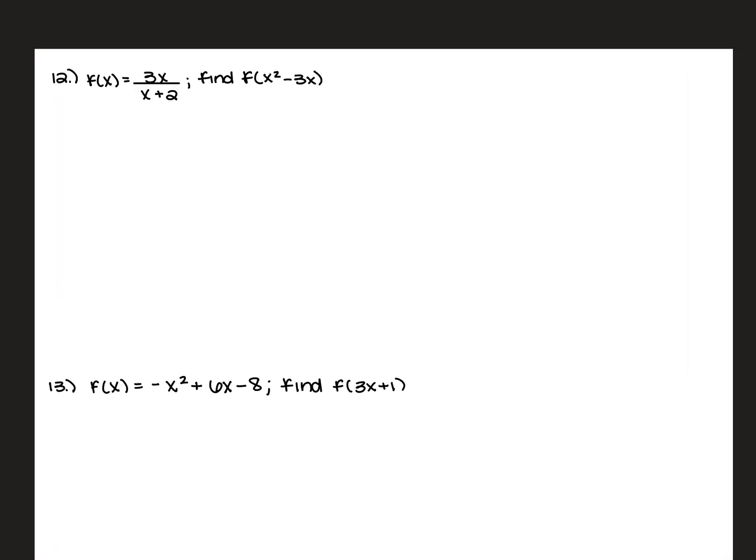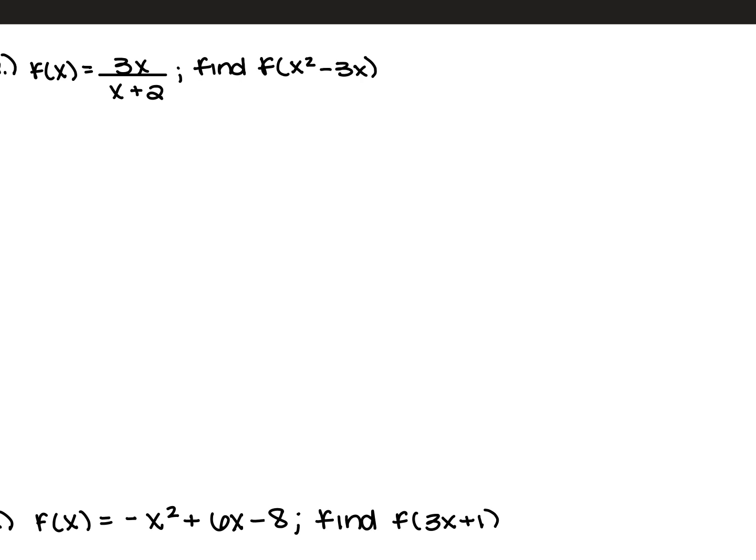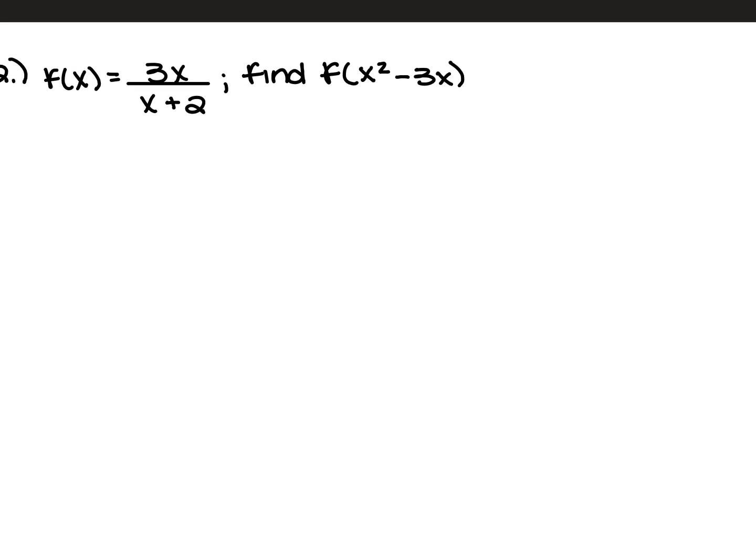For our next example, we have f of x is equal to 3x over x plus 2. We're finding f of x squared minus 3x. So this is going to be plugged in anywhere we see the x on the top and the bottom of that fraction.